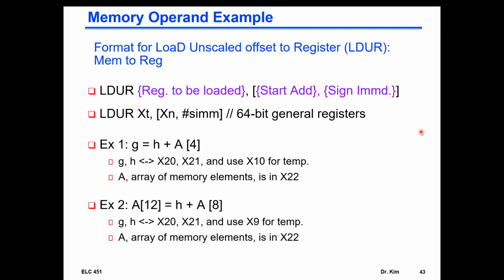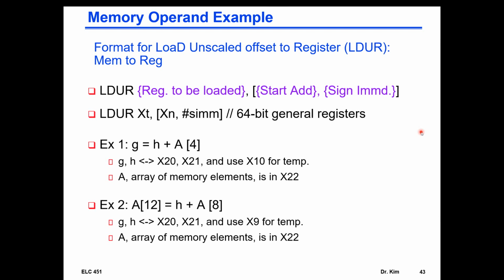And if we further assume that the compiler made associations of G with register 20 and H with register 21, and we're going to use register 10 as a temporary, we can also assume that A is going to be an array of memory elements, and A is a pointer.